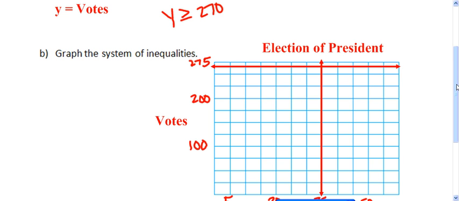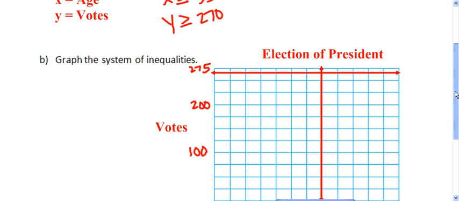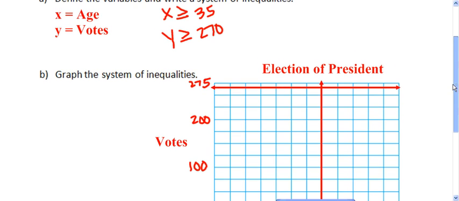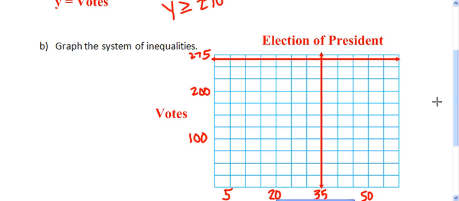Now we need to determine, for the election, which region to shade. We have our 4 regions here again. Here's a region, there's a region, and the other 2 regions. We need to determine what holds true to make a presidential election. Looking at your graph, you know nothing down here is going to work. Anything below 270, you're not going to be a president.